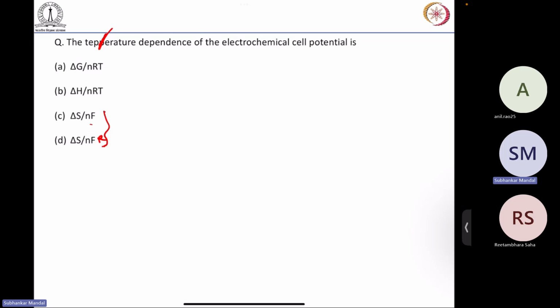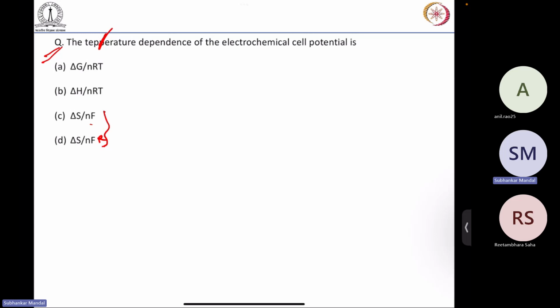I think we have discussed this kind of question in the previous class also. There is no question number, but if people can write in the chat box, I can see.